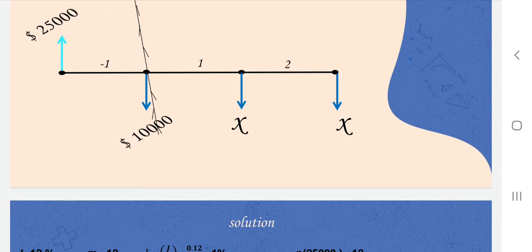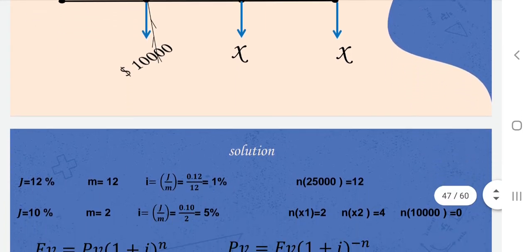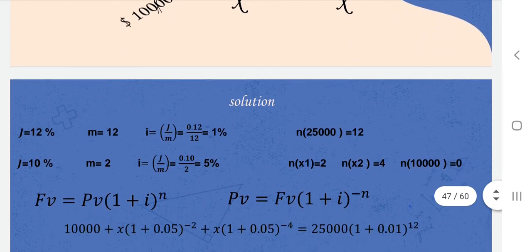And to get n, note that the time for $10,000 equals 0, so n equal 0. The time for the first x equal 1, and because it's semi-annually, 1 times 2 equal 2.